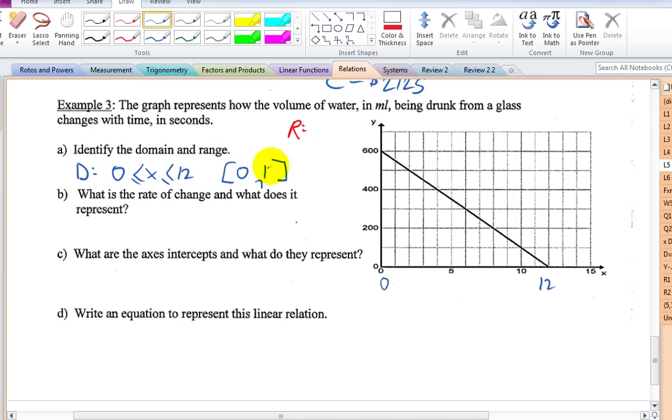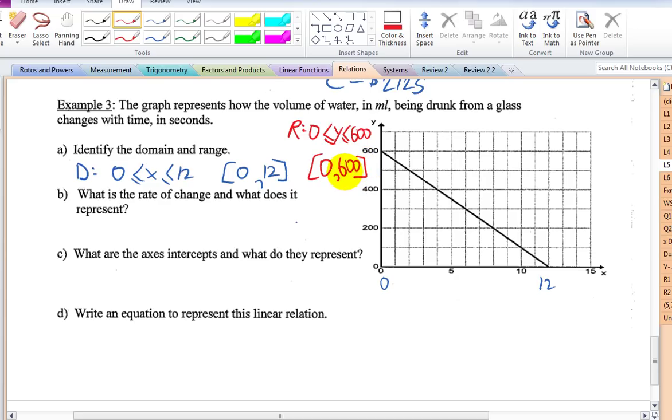So you put 0 and 12 inside the square brackets. Remember, it's a low value, comma, high value. What would be your range? Your range would be between, so you use your inequality, 0 and 600. And you would use square brackets because you're including those values.